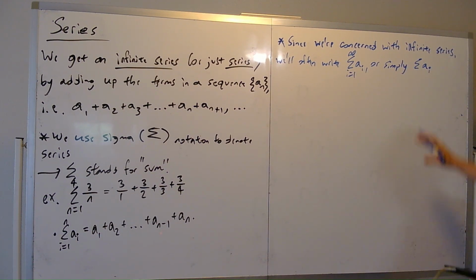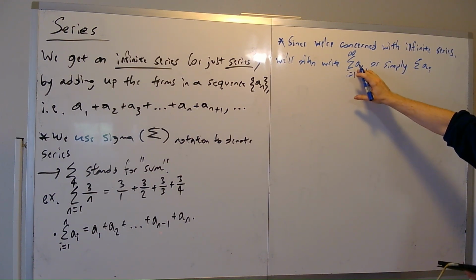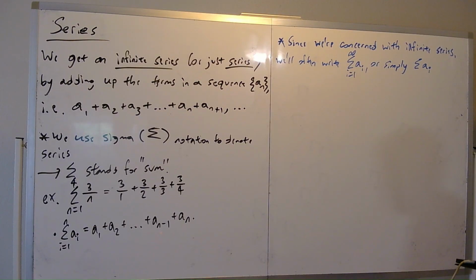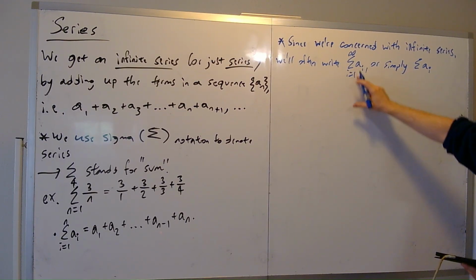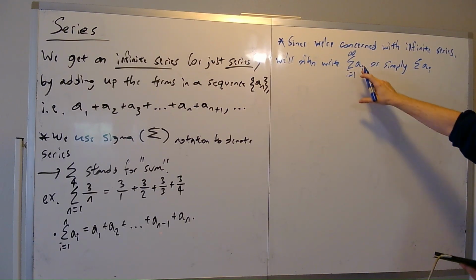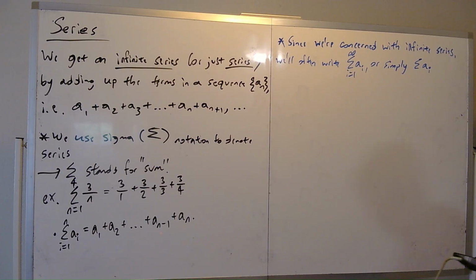So whenever we write this notation, we mean we're summing all the infinitely many terms of the sequence of these entries a_i. Okay.